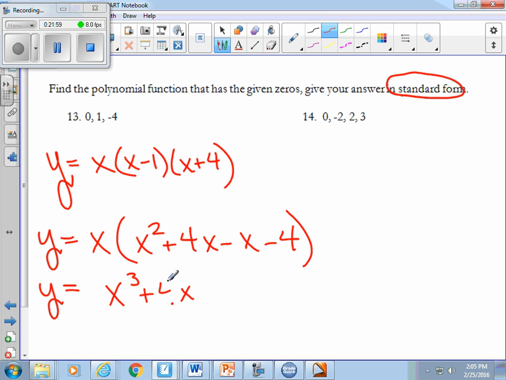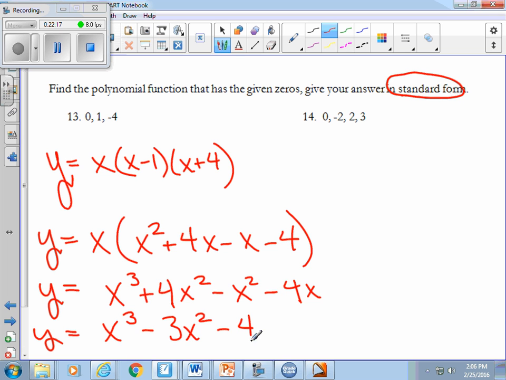And then combine like terms. Some of you would probably do that in your head together at the same time, and that's fine too. You don't have to show every step. Show most of them. Any questions about that one?